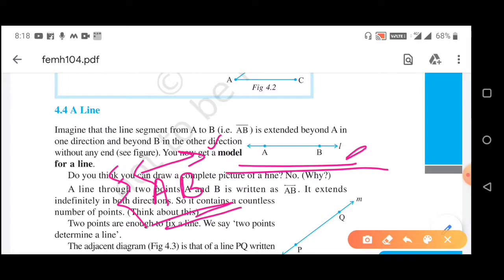Along this way the line will go on, and along this way also the line will go on. This is called a line. Where the endpoints are, we don't know. That is why we put arrows at the ends.